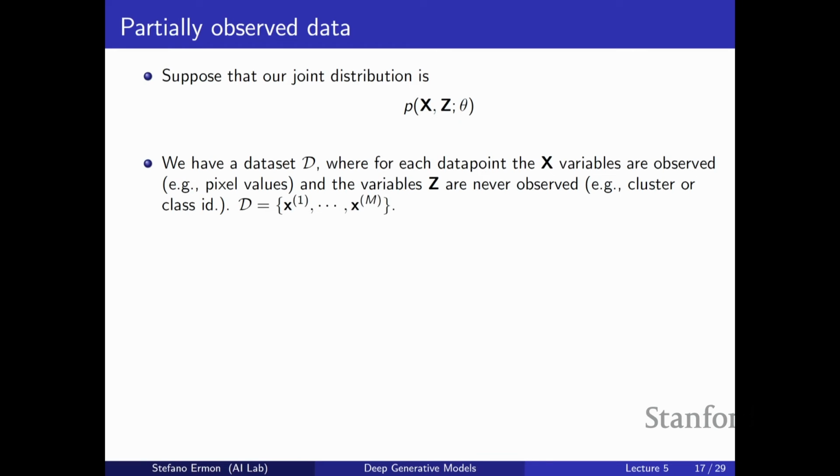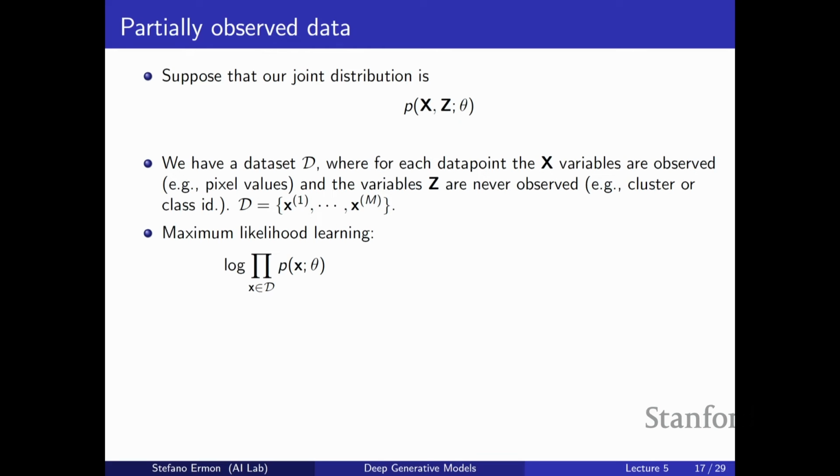You can think of the data set as a collection, let's say, of images, x1 through xn. What we would like to do is still maximum likelihood learning. We would still like to find a choice of parameters that maximize the probability of generating that particular data set.